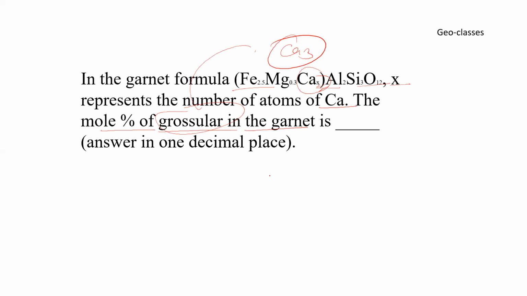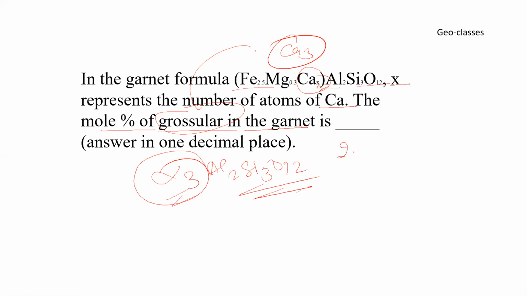If you remember, the general formula for garnet is X3 Al2 Si3 O12. So this has to be 3 whole, because this is given here.